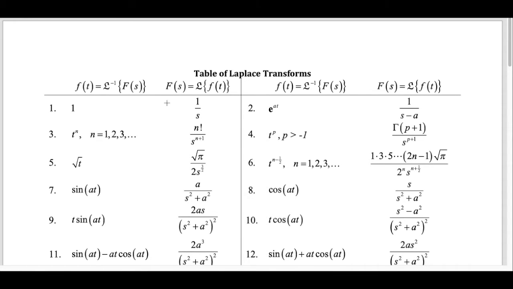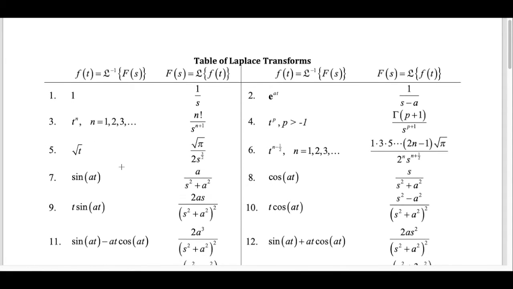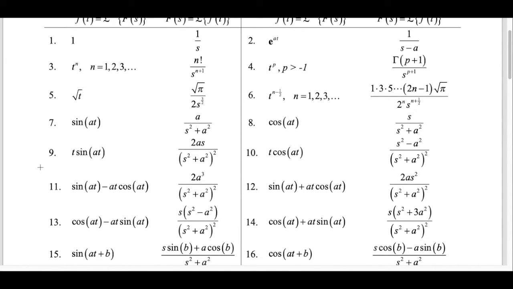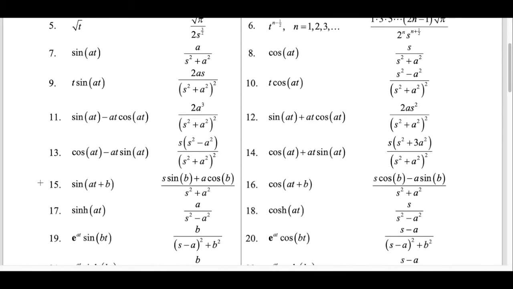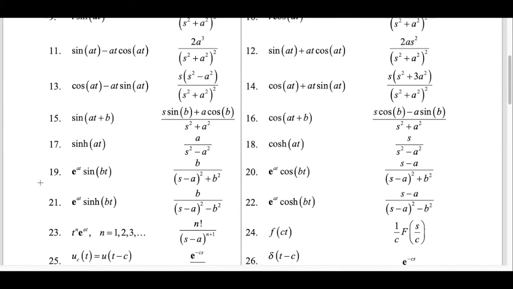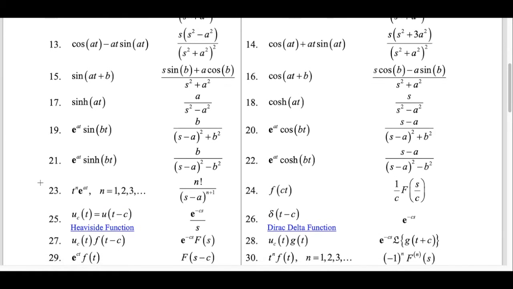And then the corresponding transform, which he's labeled as capital F or L of little f of t. Some of these are familiar. We have verified or developed rule number 1, rule number 2, rule number 3, etc. But this table goes into pretty significant detail identifying the Laplace transform of quite a few common functions.